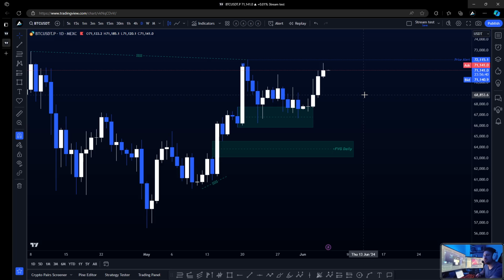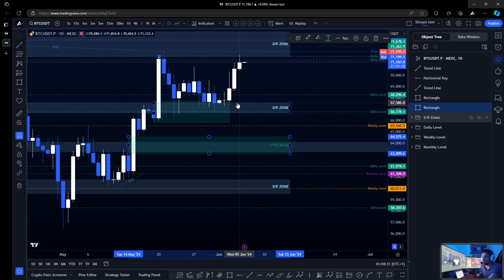So for example, this is already a support and resistance zone, and I was just saying that these lows are not bad. If they break, we have this area which is a daily fair value gap, which gives you an immediate idea and conclusion that if we get into a short, a logical place to take profit is maybe at this daily level, because it will probably be the point of control of these days in terms of volume.